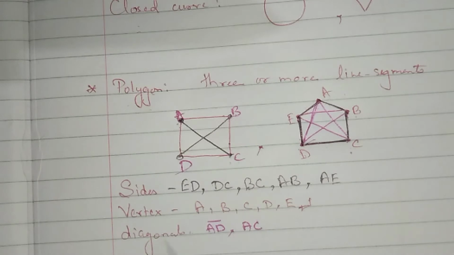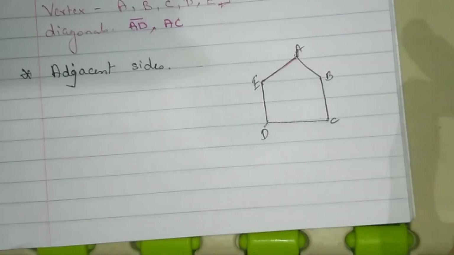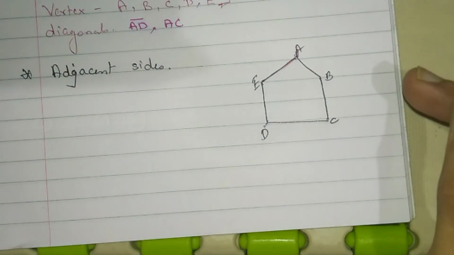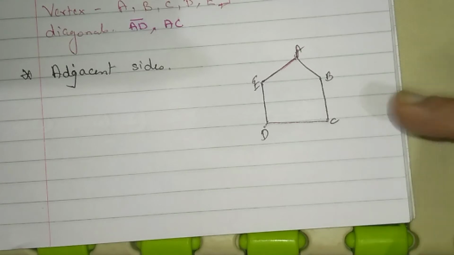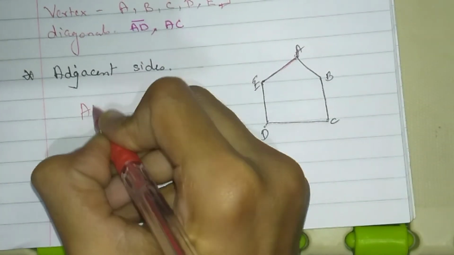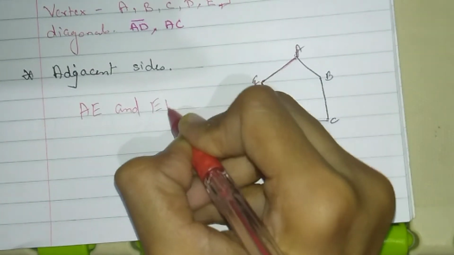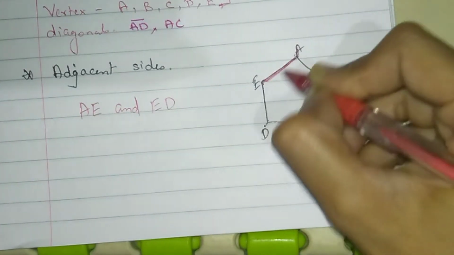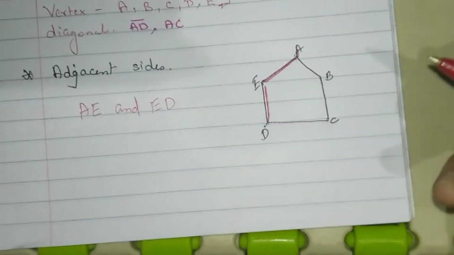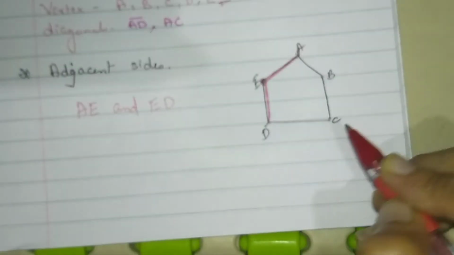Good. Now we'll start the next topic, which is adjacent sides. Any two sides with a common point are called adjacent sides. Now if we take sides AE and ED, both sides I am taking, the common point is E, right?